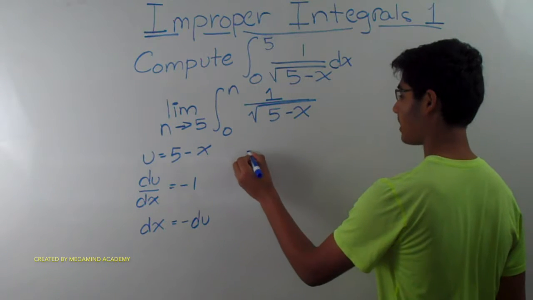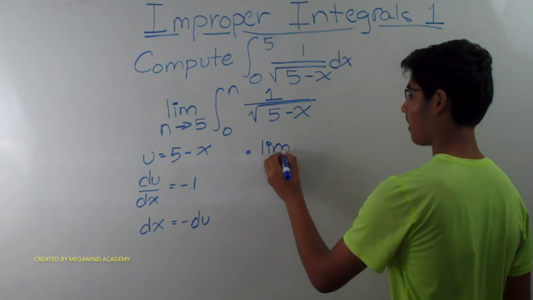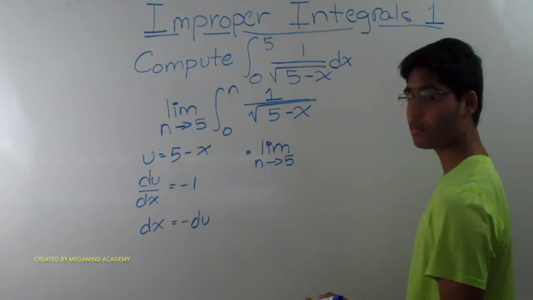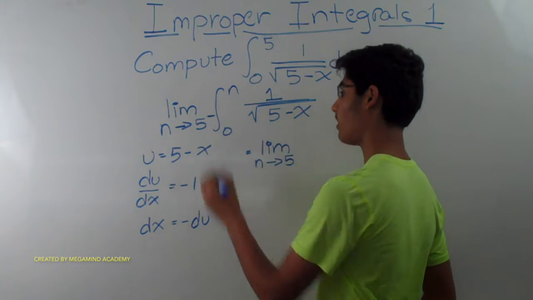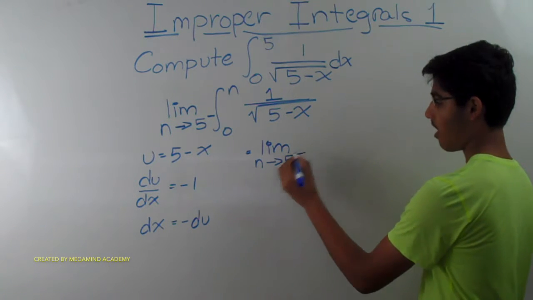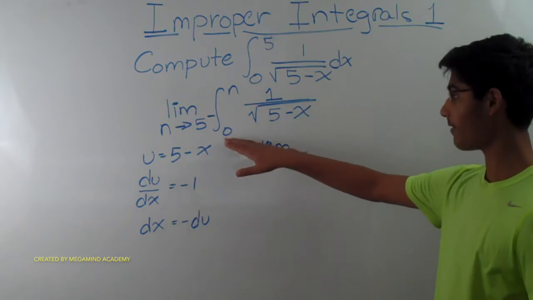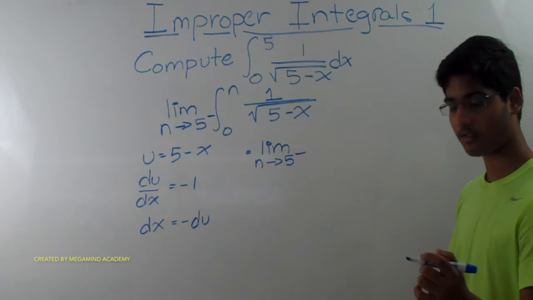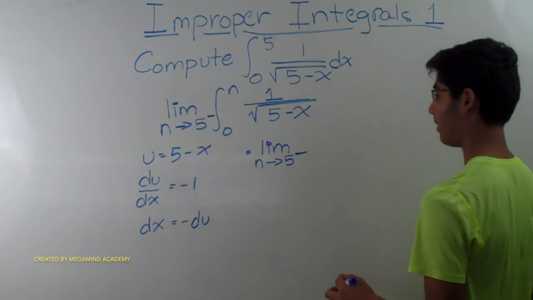So this integral would now be the limit as n approaches 5. Keep in mind that because this is the upper bound, this is as n approaches 5 from the left, since it is a definite integral over a bound, and we're going from below it to that bound.